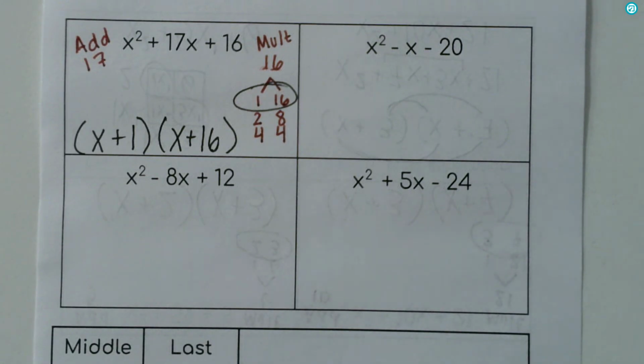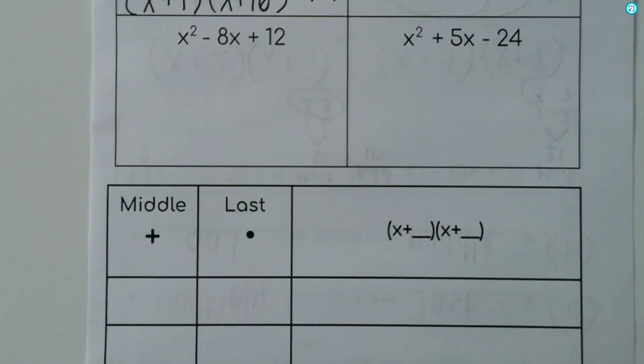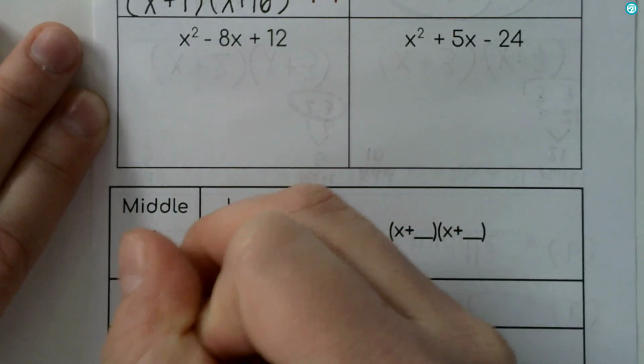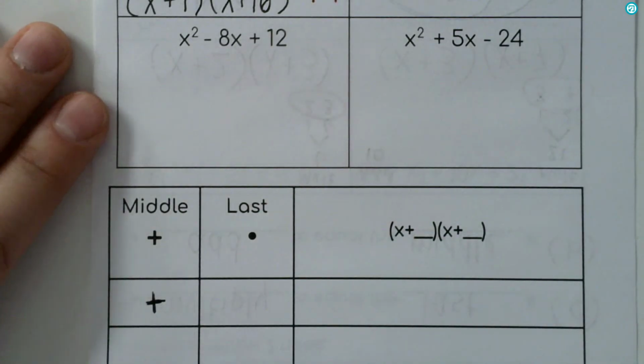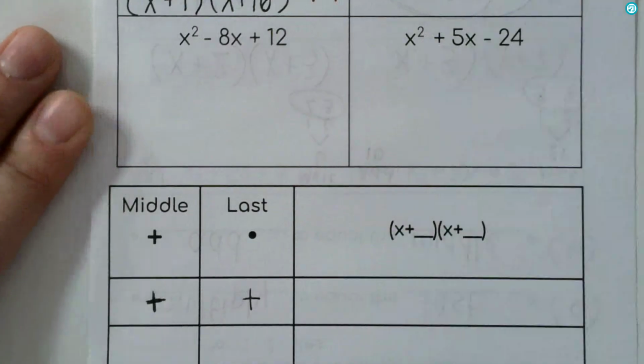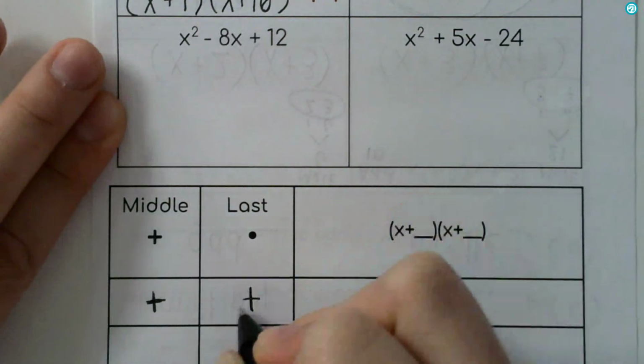All right, moving down to my cool table. This first problem, the middle number that we were trying to add to was positive. The last number that we were trying to multiply to was positive. In order to add to be a positive number and multiply to be a positive number, what types of numbers did we choose to use?